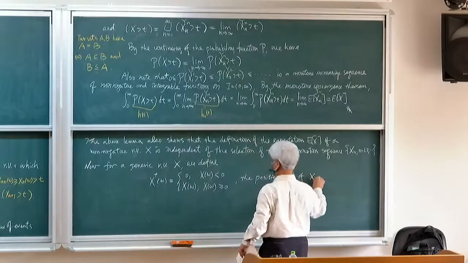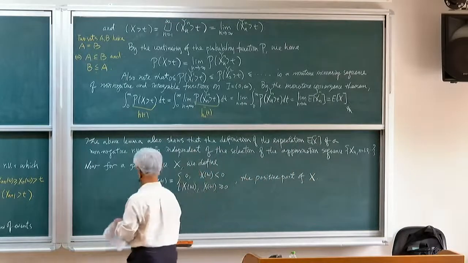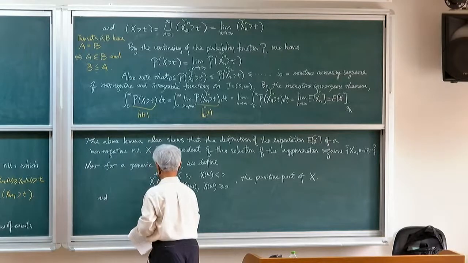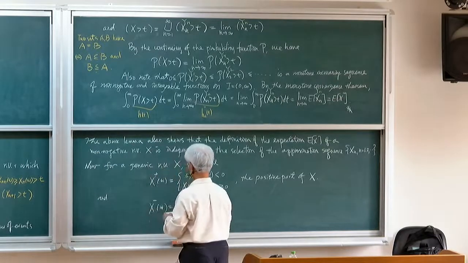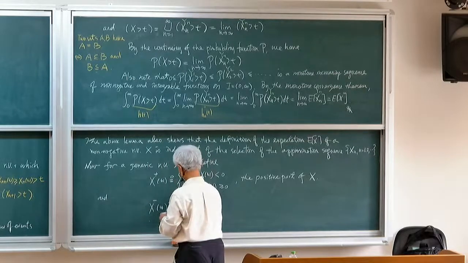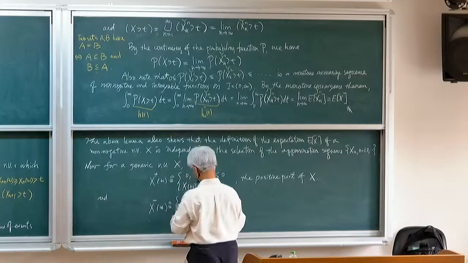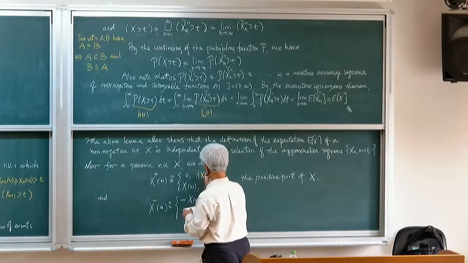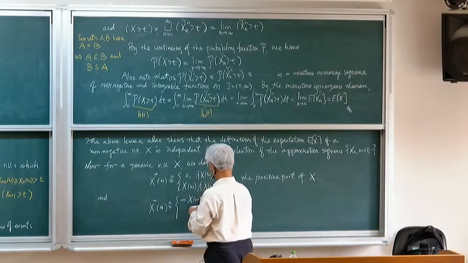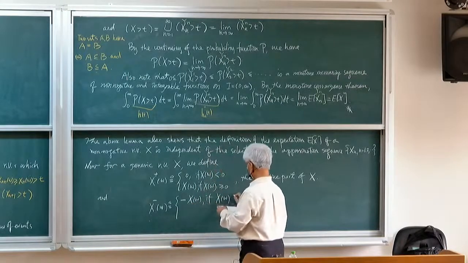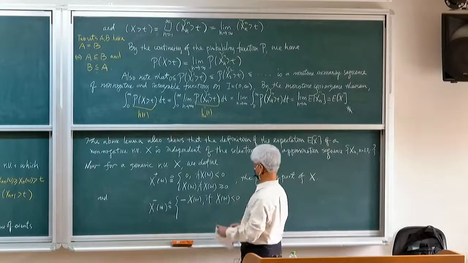And we define the negative part, X minus of omega, to be minus X of omega if the original value is negative.